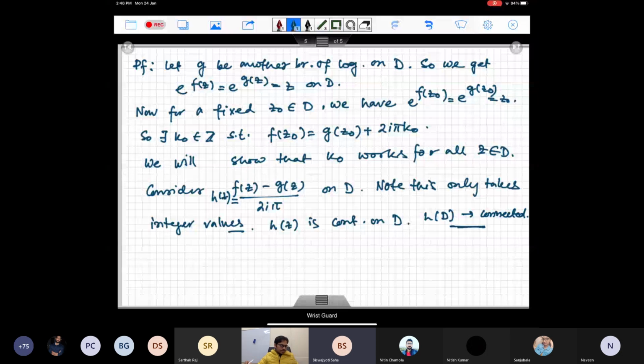Fine, all of you agree to this? It is a small fact from topology, but not very difficult to prove.